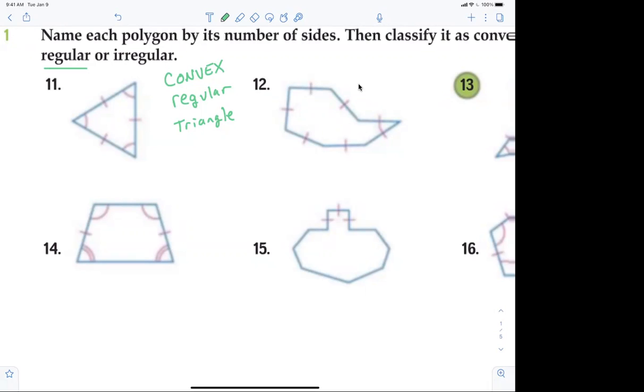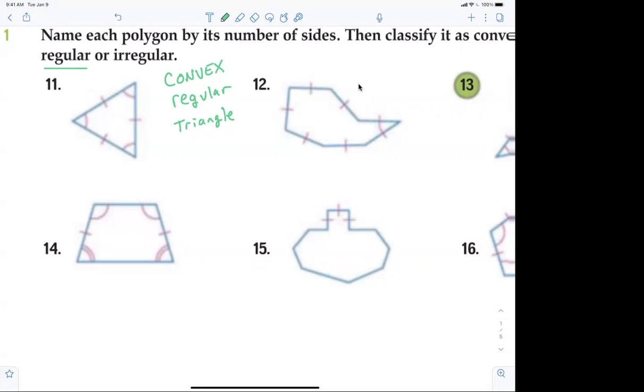Pentagon. That's good. 6 sides. Hexagon. 7 sides. Heptagon, correct. 8 sides. Very good. 9 sides. It's called a nonagon. 10 sides. Decagon.